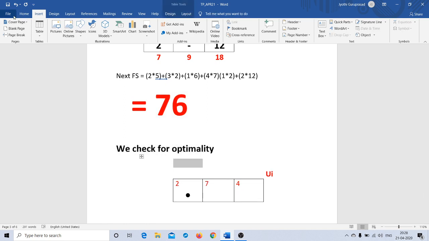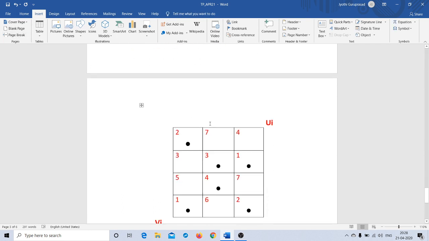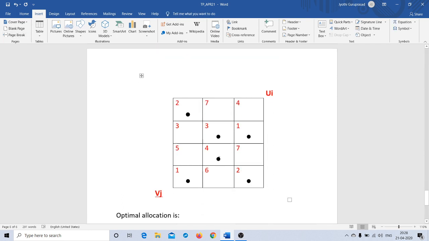As usual I will calculate the values of ui and vj, and then I'm going to calculate dij. Here I have the second row with 2 allocations and the fourth row with 2 allocations. I'll break the tie arbitrarily, and I give ui for the second row as 0.